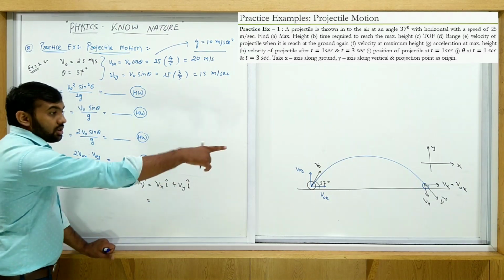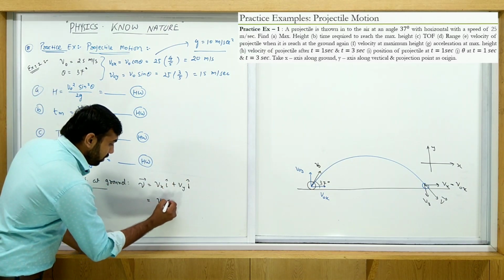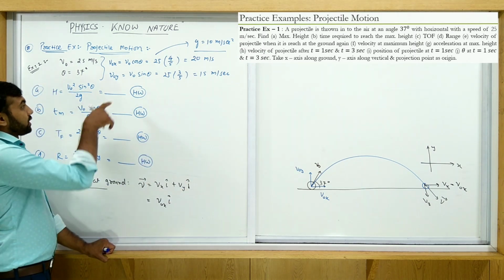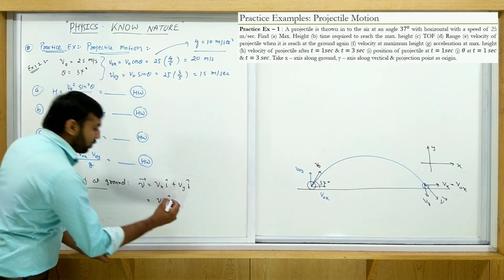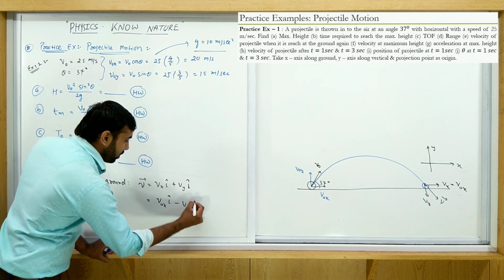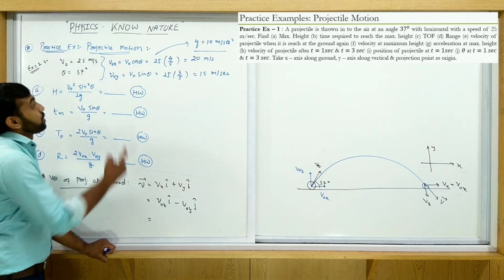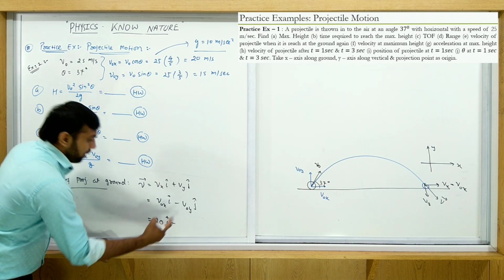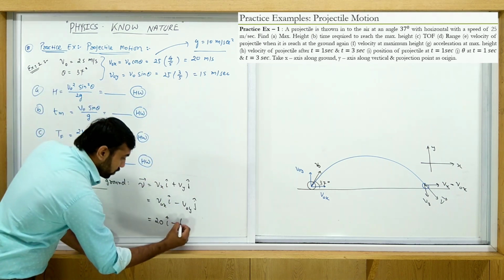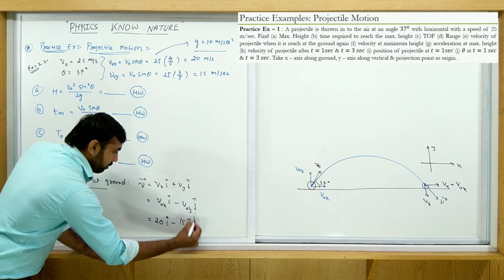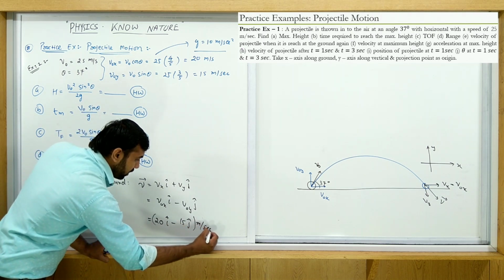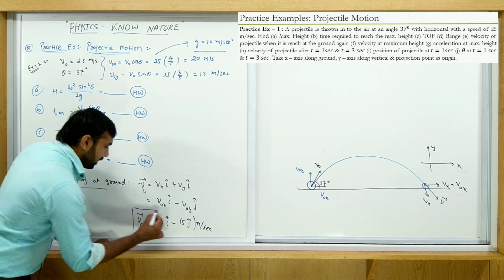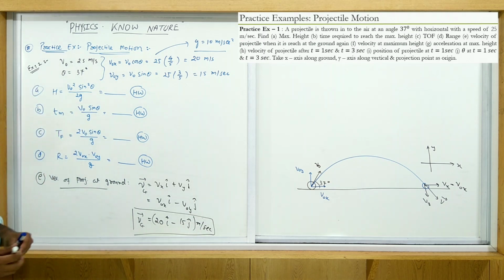Put the value of vx: v0x i. vy is towards the negative y, so vy is equal to minus v0y j. Put the values: v0x is 20, so 20 i minus v0y 15, so 15 meters per second. That is the velocity at the ground. So the velocity at the ground of a projectile is given this way.